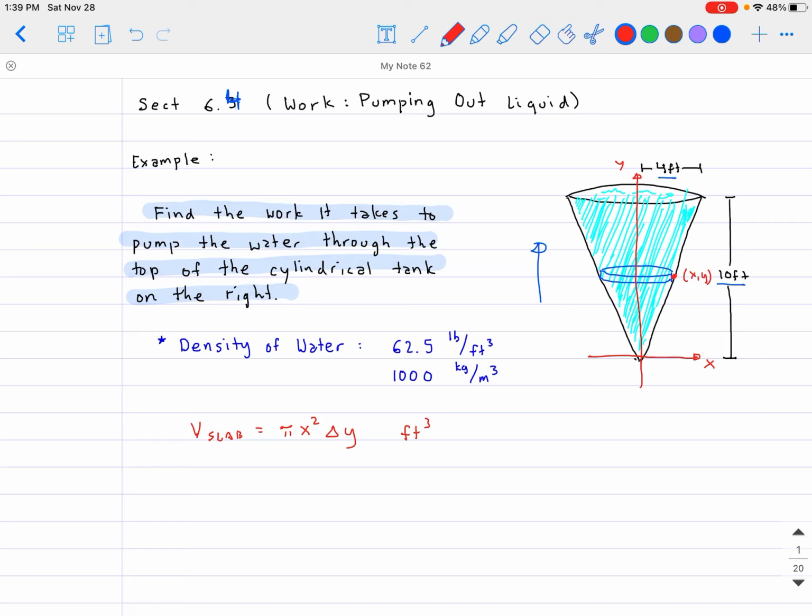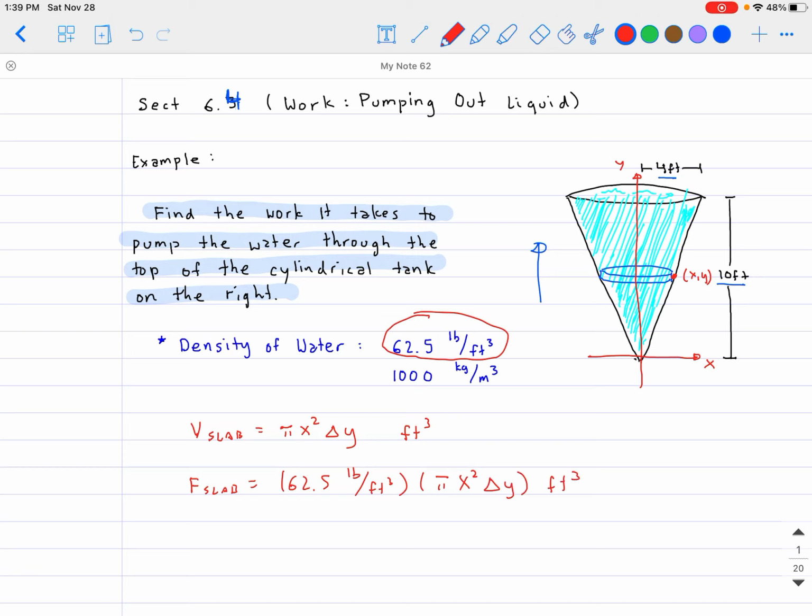And that's where the density comes in, because the force of the slab is going to be equal to the density, which in this case is 62.5 pounds per cubic foot, multiplied by the volume of the slab, so you can see how the cubic feet cancels out. So let's write it out: 62.5 pounds per cubic foot, multiplied by pi x squared delta y cubic feet.